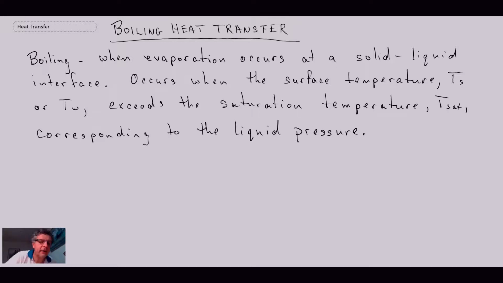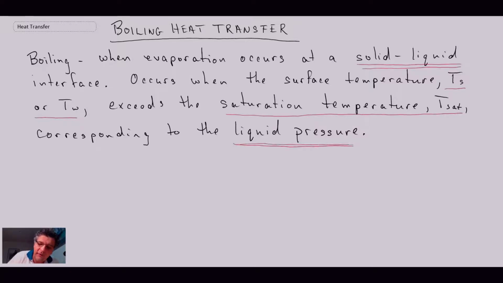Okay, so there is the description of boiling, and what is happening with boiling is we have a solid-liquid interface, and the solid, so the wall temperature, the surface temperature, needs to exceed the saturation temperature of the liquid at the liquid pressure.